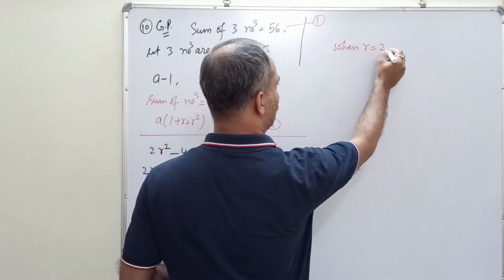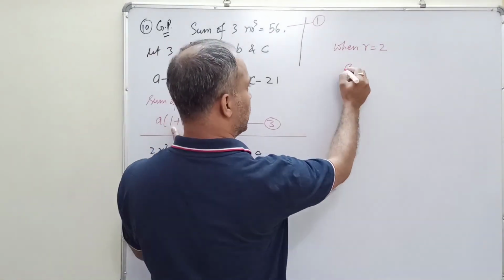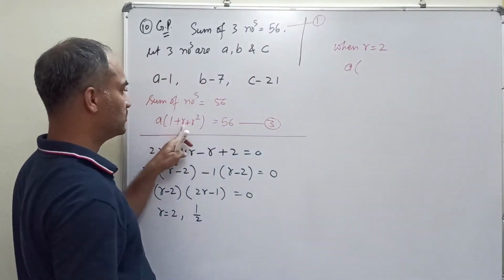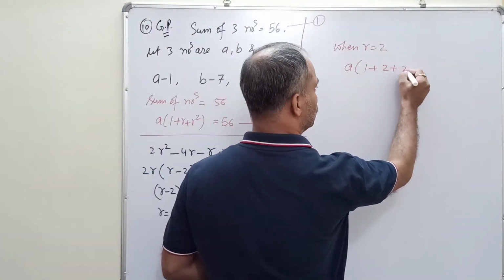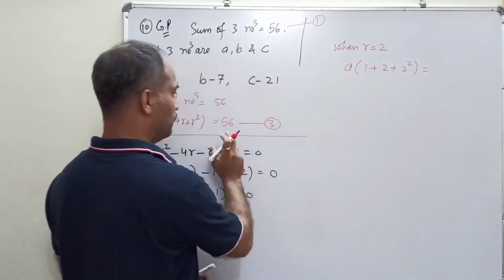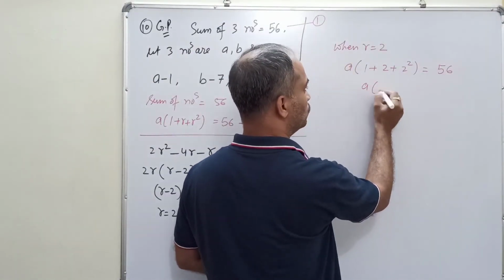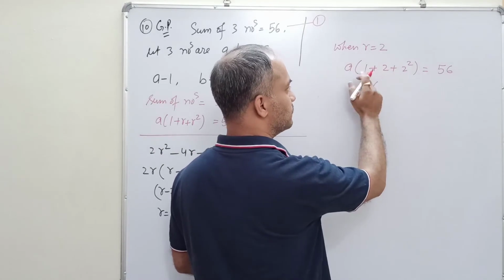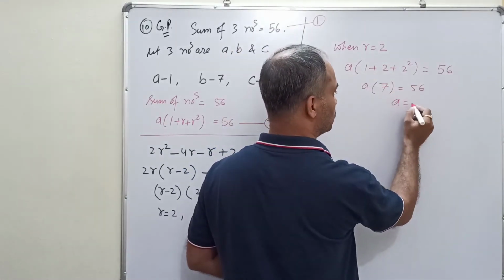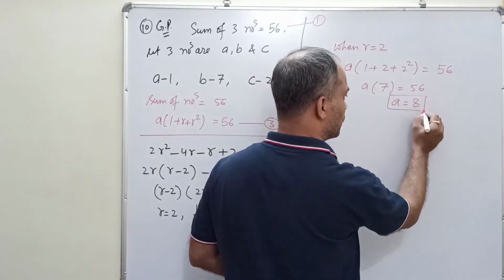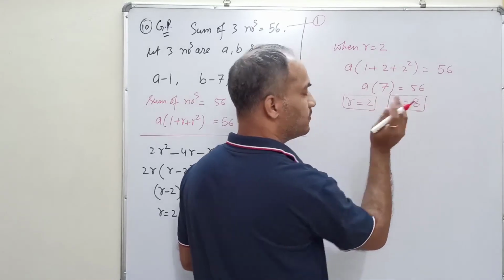When r is equal to 2, in equation 3 we get A into 1 plus r square, so 1 plus 2 square, is equal to 56. So this becomes A into 4 plus 1, which is 5, no, 1 plus 4 is 5, and so on; this gives 7 times A equal to 56. So A becomes 8.